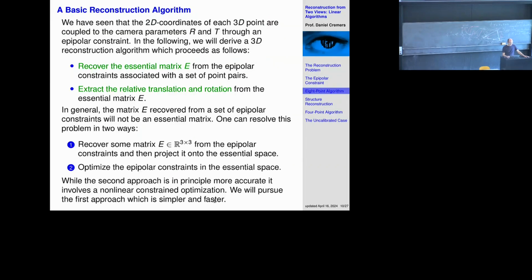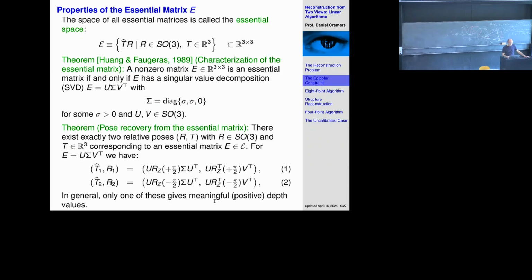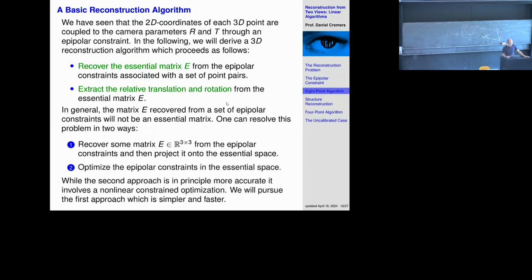That leads us step by step towards the 8-point algorithm. But before we do that, you see the essential matrix has this form of singular value decomposition. So there are now two different strategies to tackle this problem, just to show you what options you have once you try to solve it. You can recover the essential matrix from these epipolar constraints.